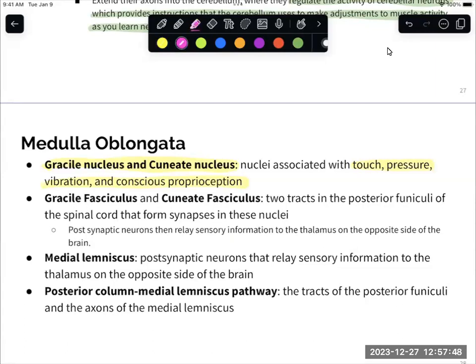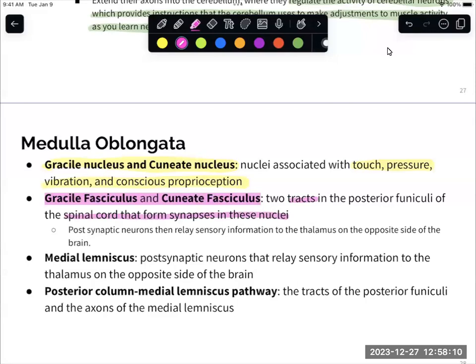That's that cerebrum. We have a gracile fasciculus and a cuneate fasciculus. These are tracts that go from the spinal cord to these specific nuclei to synapse there.